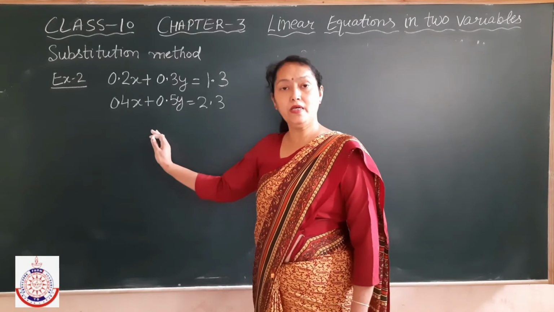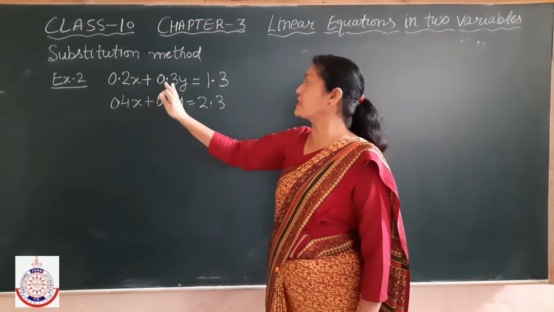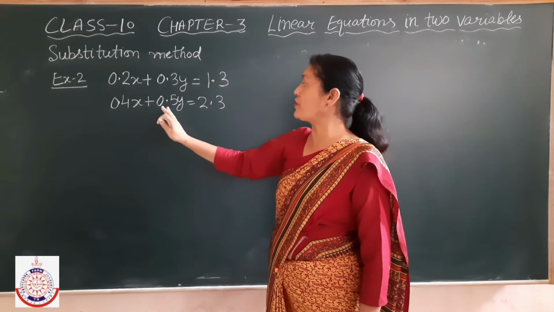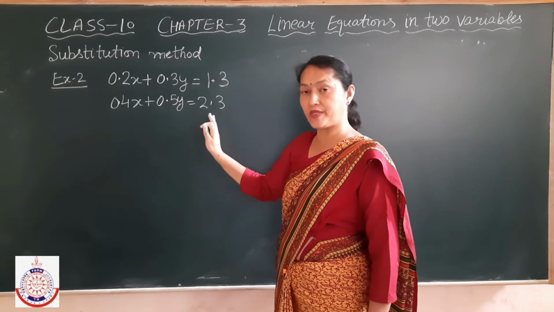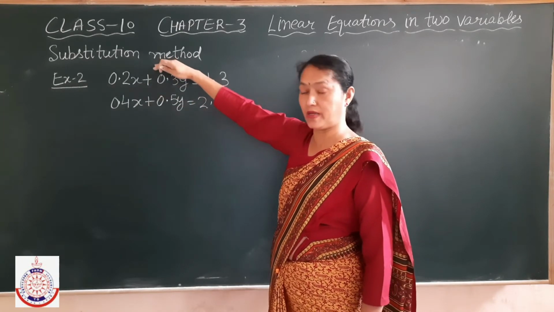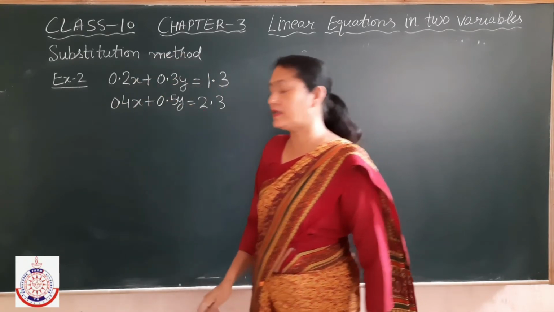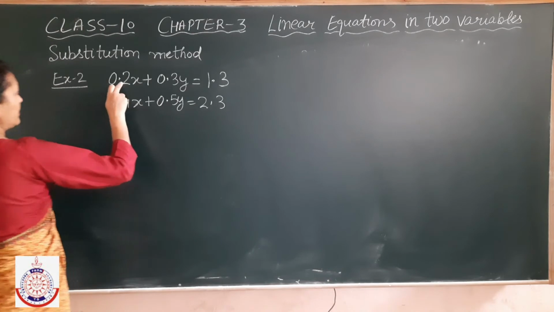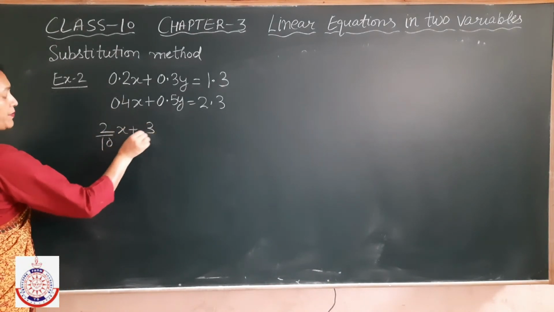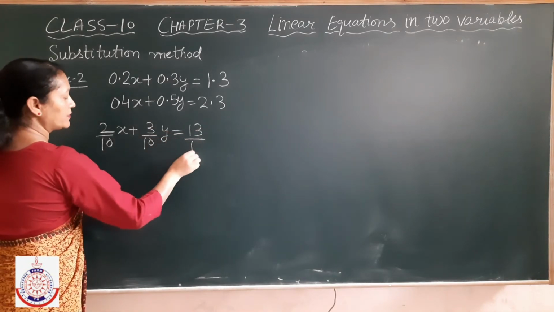One more example. Here we have to solve 0.2x plus 0.3y equals 1.3 and 0.4x plus 0.5y equals 2.3, finding x and y using the substitution method. First of all, we can remove the decimals. It will be 2 upon 10 x plus 3 upon 10 y equals 13 upon 10.